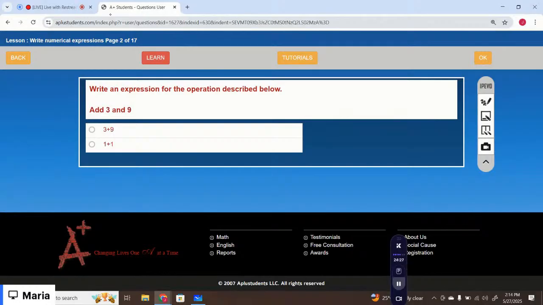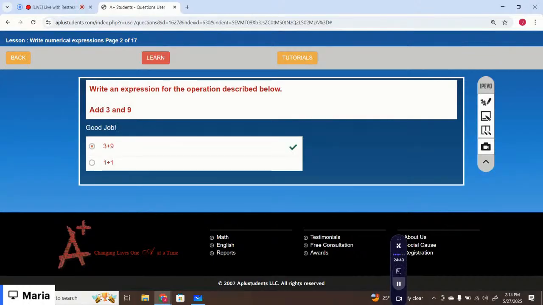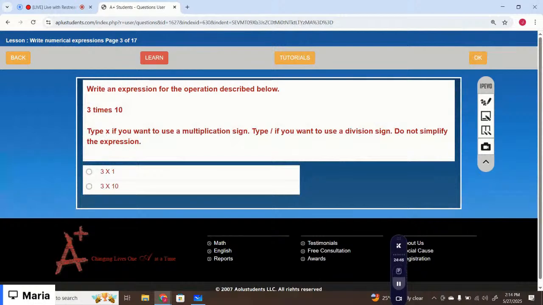Write an expression for the operation described below: 3 and 9. That is 3 plus 9, option 1 is the correct option. Next, write an expression for the operation described below.